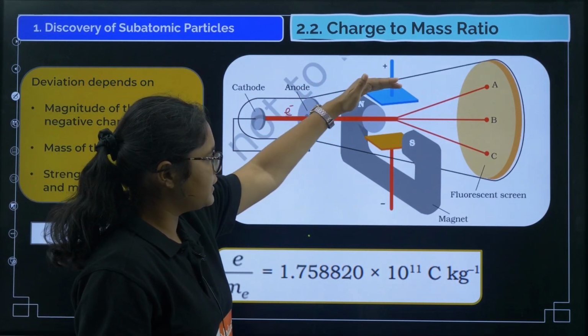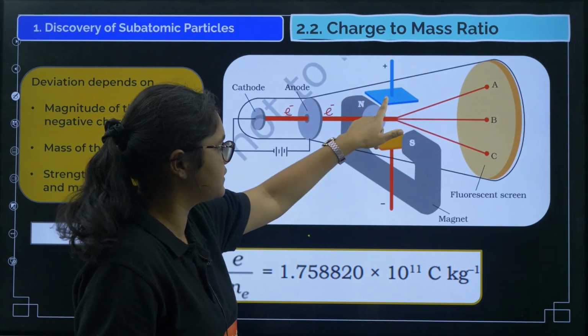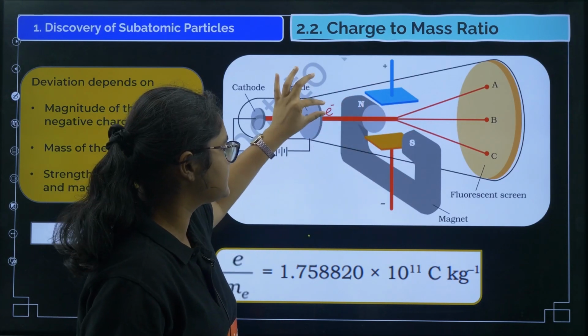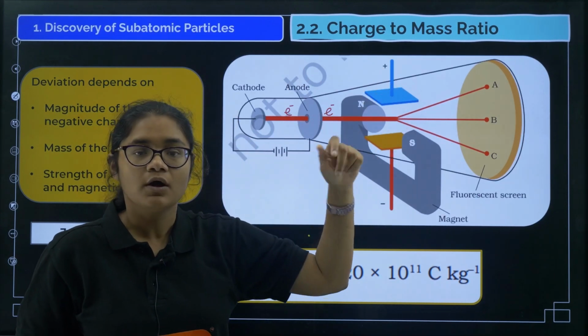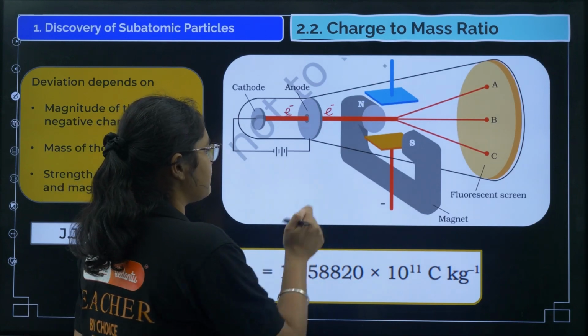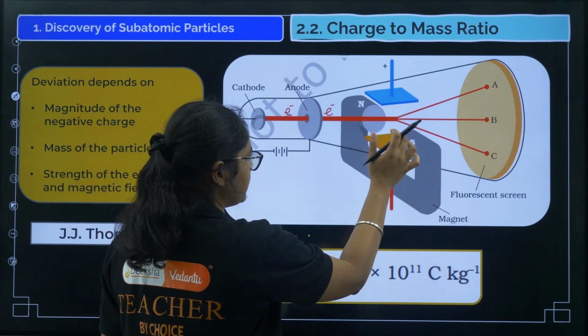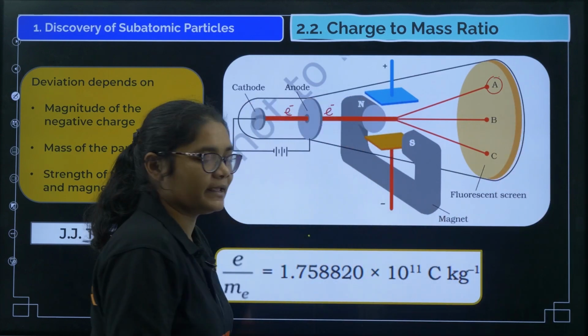Now if you provide an external electric field, these electrons will deviate towards the positive electrode because opposite charges attract each other, right? So if you put it in an electric field, the ray will go and strike at point A.